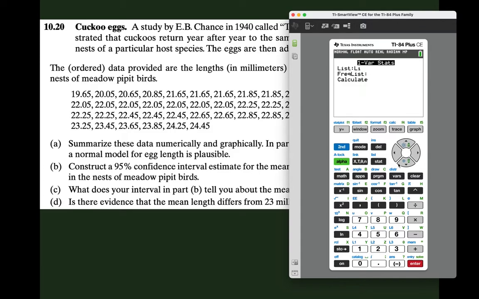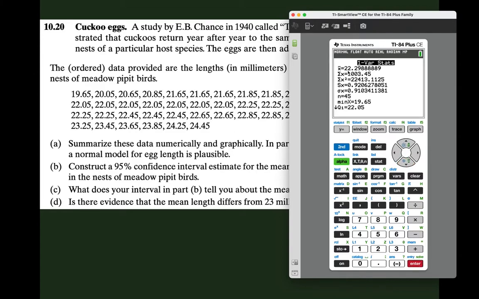The first thing we're asked for here is the list that we'd like to find the 1-Var statistics for. So I'm going to go to my list of lists and choose the name of the list for this particular data set. There's also an option here for a frequency list. In this example, that's not applicable, so we would just leave that blank and then choose calculate.